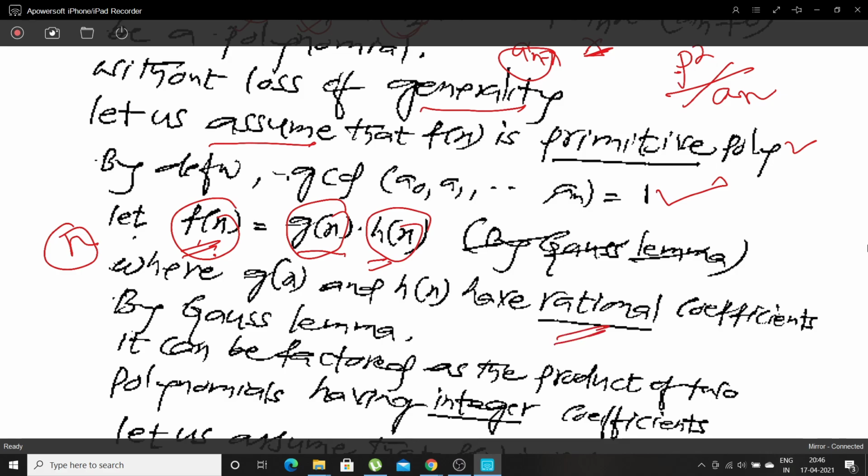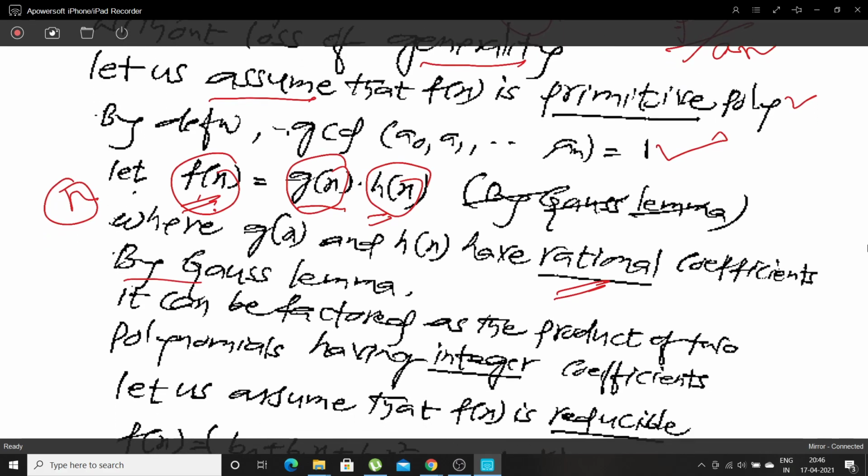Using Gauss lemma, I'll make use of Gauss lemma here. Initially we have rational coefficients, then what? Integer coefficients. By Gauss lemma, it can be factored as a product of two polynomials, that is g of x and h of x, having what?